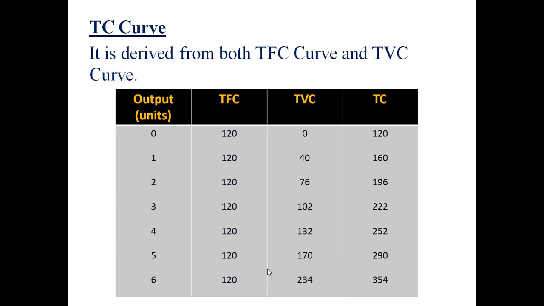When you prepare the data or the table by yourself, you can feed in your own data, whatever data you feel like. It can be 10, 20, 30, 40, or the TFC can be 100 or 200, whatever you feel like. And then the TVC can also be of your choice.